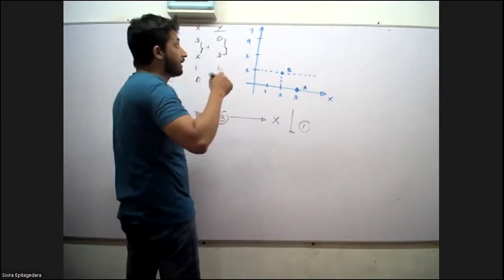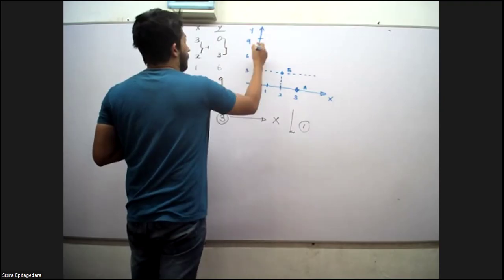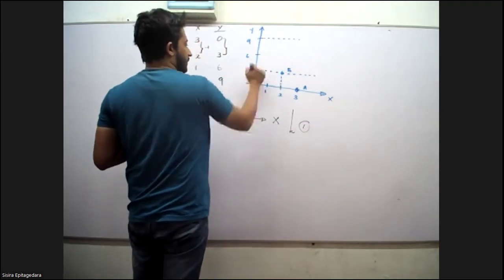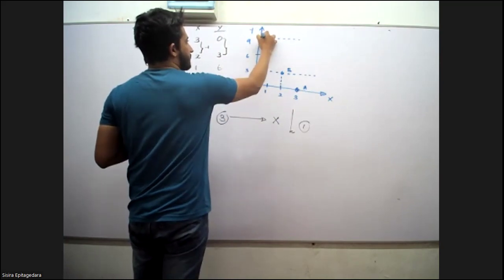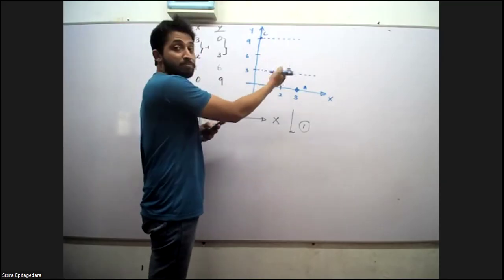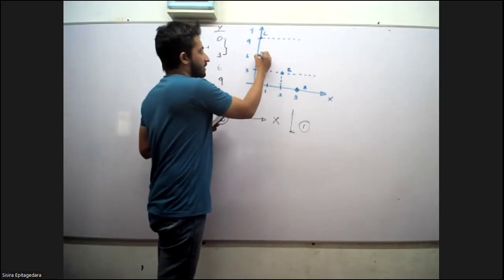Lamai, the next point is not given, but you have been given the third point. When Y production is 9 units, X production is 0. This is point C. You can see one point is missing.